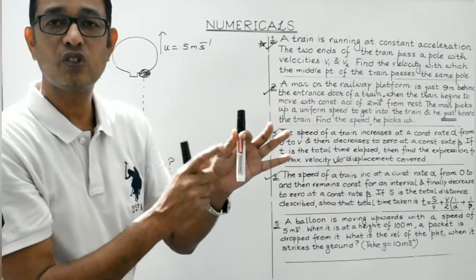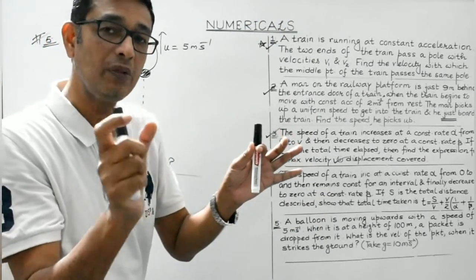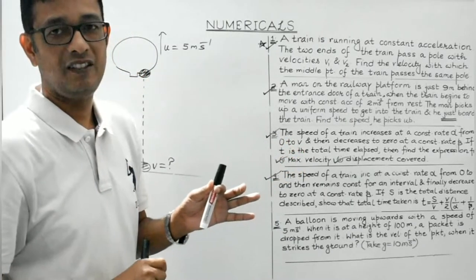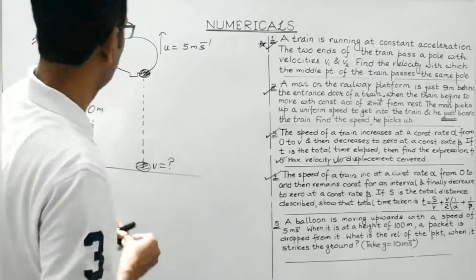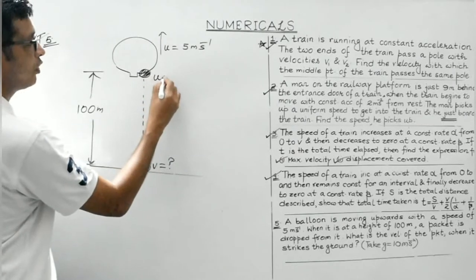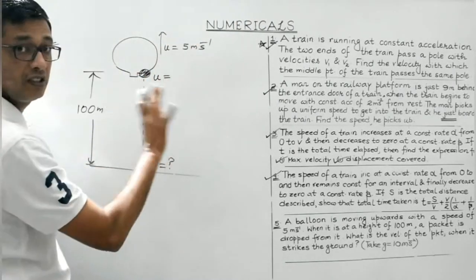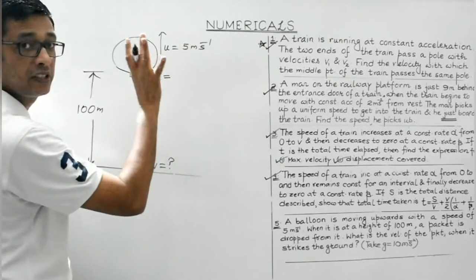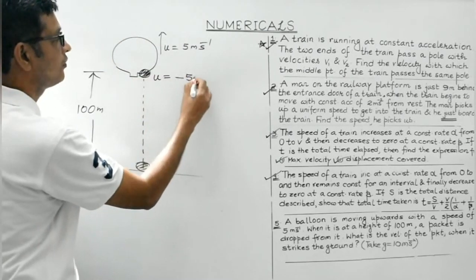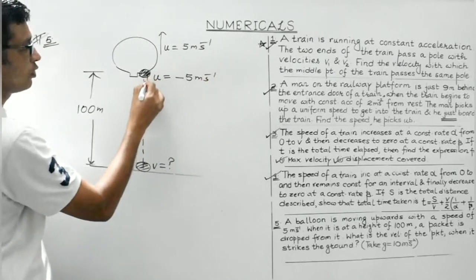So its initial velocity would be of the same magnitude but would be assigned a negative sign. Clear, students? So in this case, the initial velocity of the packet dropped from the rising balloon would not be 0, nor 5 meter per second, it will actually be minus 5 meter per second because it will drop like this.